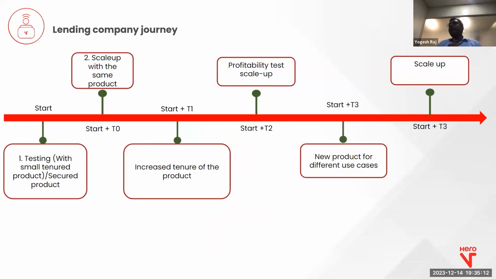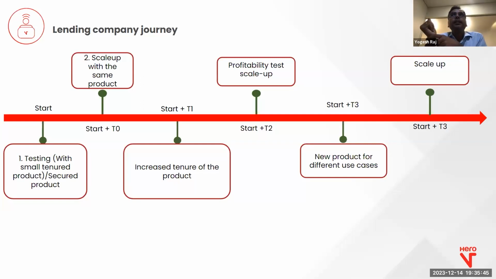Since you have learned about risk, I just wanted to give you a brief idea of how any lending company's journey starts. Probably many of you would like to start your own company or start your entrepreneurship journey, so it might help. Generally, any new financial institution which is not coming from a big corporate house, and in turn does not have lots of money, generally starts lending small amounts and small tenure loans.